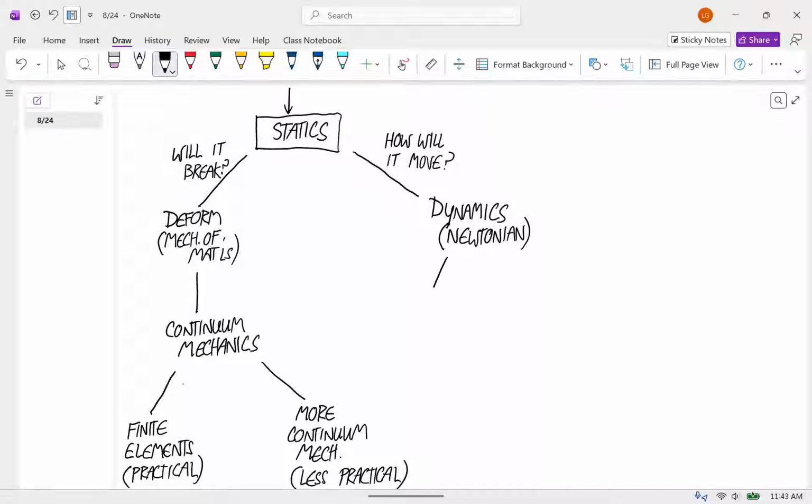And then from there, you can go to more dynamics. And what I'm talking about here is rigid body and particle dynamics. But instead of using a Newtonian approach, that next class you would take in dynamics would use a Lagrangian approach, which is related to energy methods.